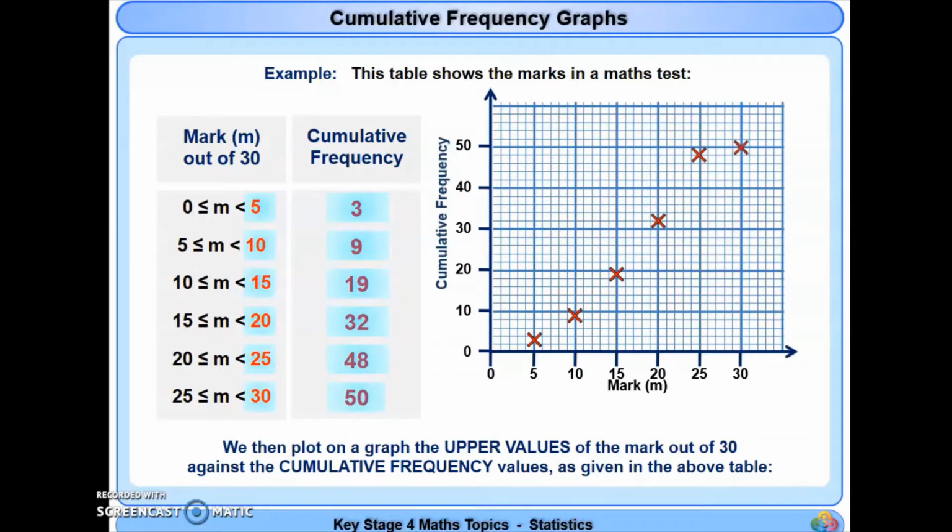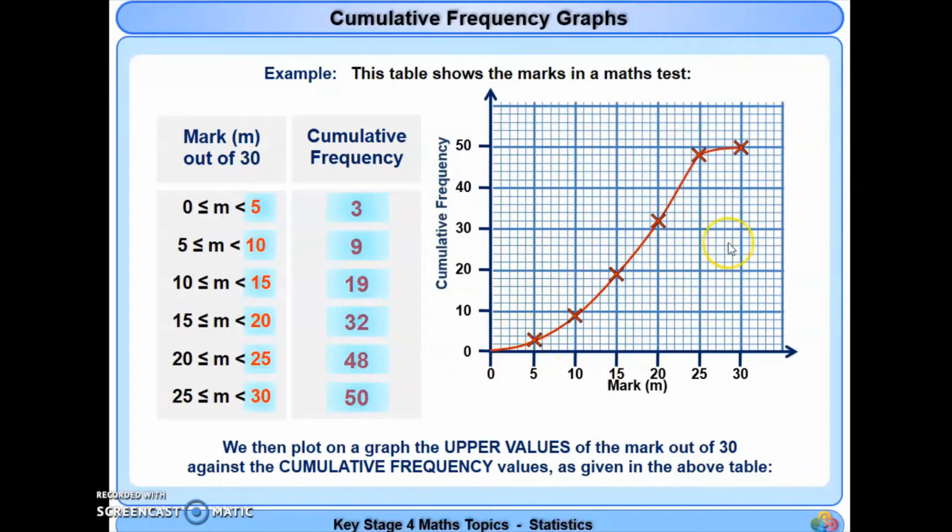So you'll notice that the starting values in each group do not really play an important part when we come to actually plotting the cumulative frequency graph. Okay, so just make sure that when you're plotting your values, everything is done correctly and your plots are accurately plotted.